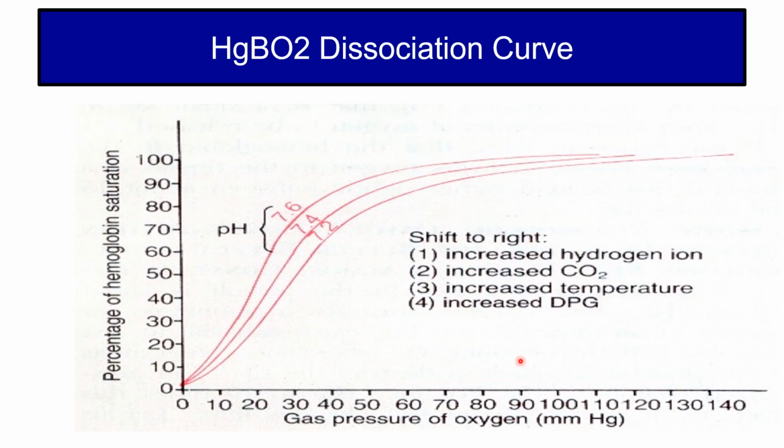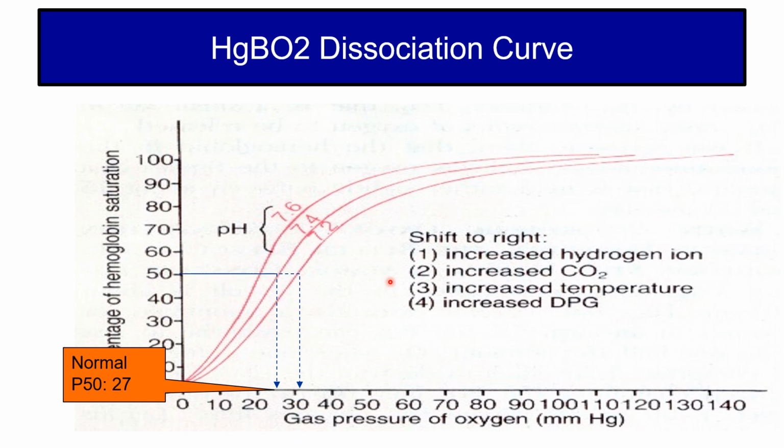Now, let us see what is going to happen to the P50 if the curve shifts to the right. P50 is the O2 tension where the hemoglobin is 50% saturated. At 50% saturation, the normal position is around 27. What will happen if it is shifted to the right?